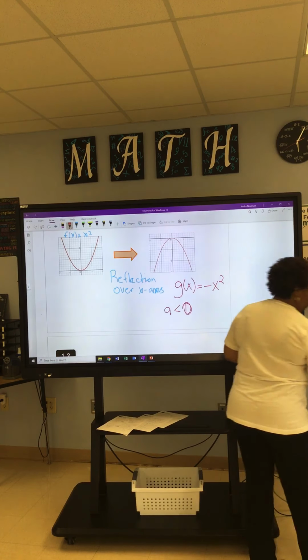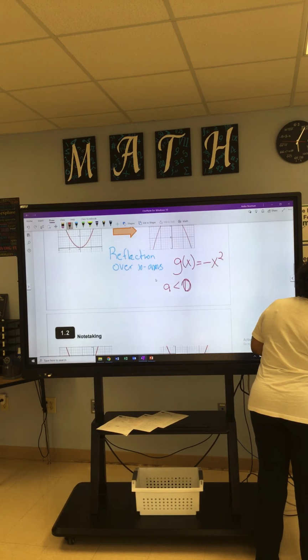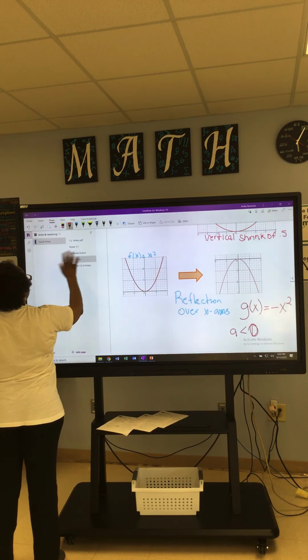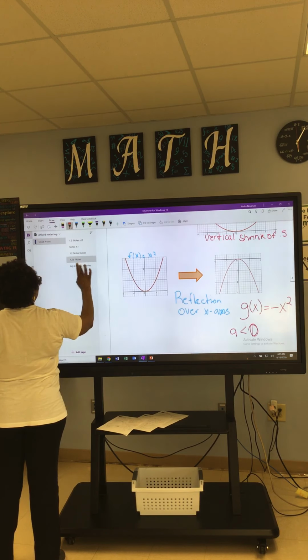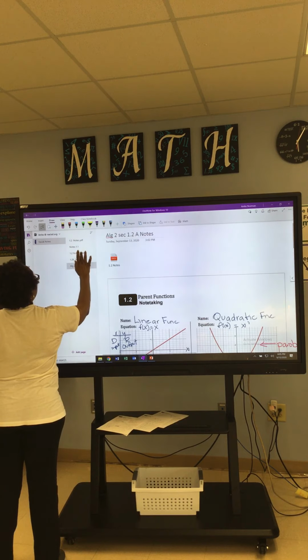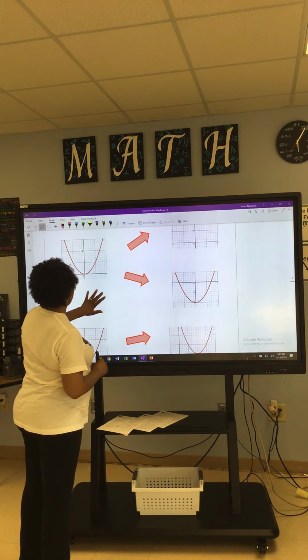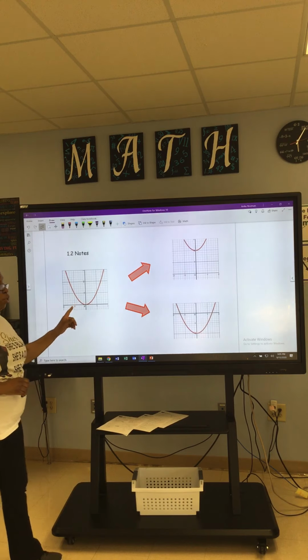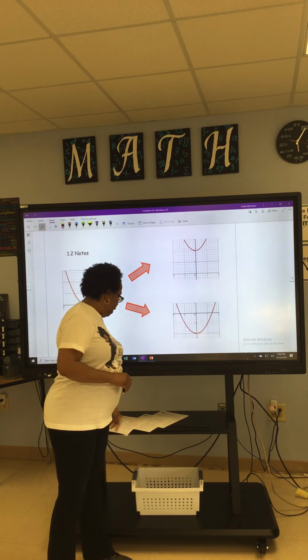So now let's look at what happens to our parent function when it looks like this is shifted up and this is shifted down.